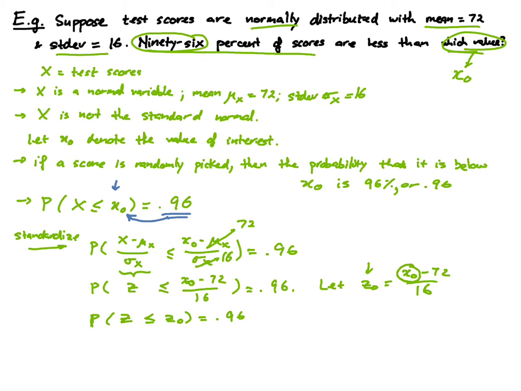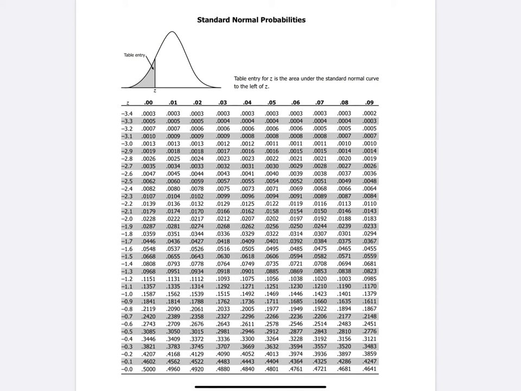So let's go to the standard normal table and recall that earlier in previous examples, if you're given z sub 0 and you want to find the probability that z is less than or equal to z sub 0, you identify z sub 0 and then look on the margins for the appropriate row and the appropriate column to find the probability in the interior of the table.